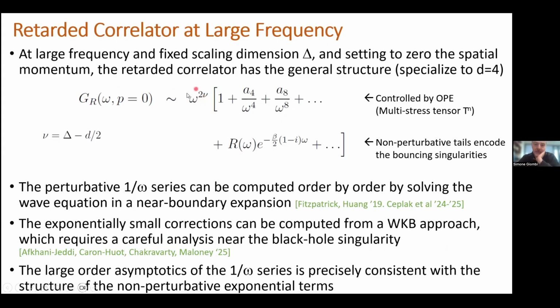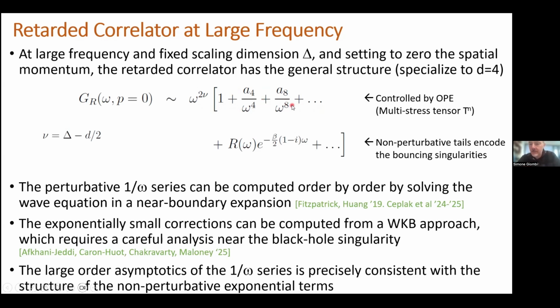The leading term is the zero temperature result, which is just a power of omega, fixed by the scaling dimension of the operator. Then the structure is as follows. There is a series of corrections in inverse powers of omega. Here I'm specializing to the case of d equals 4, which will be the main focus in the talk. One can see that this series goes in powers of omega to the fourth.